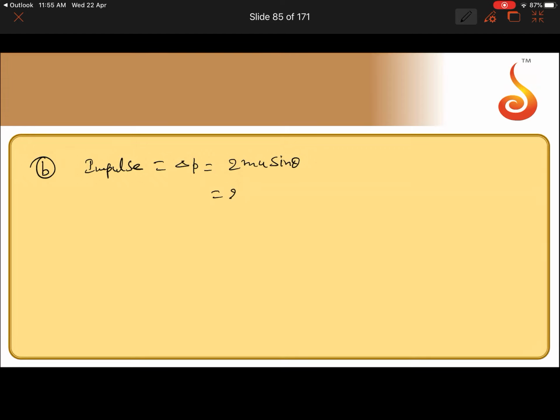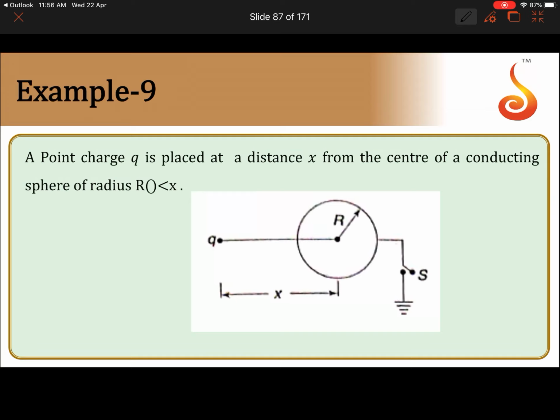So this will be 2 mu. So this is the required impulse.